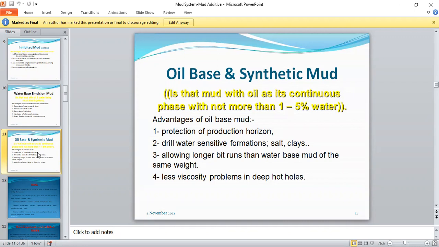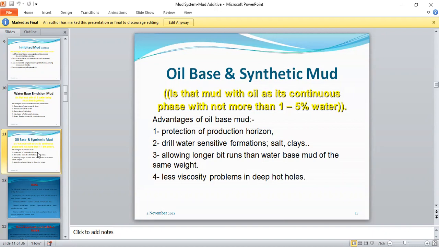Now, same weight means assuming you are running a 10 ppg mud, 10 pounds per gallon, or 1.2 SG mud, the bit you use in the oil-based mud will last longer than that of the water-based mud. That's what we are saying.